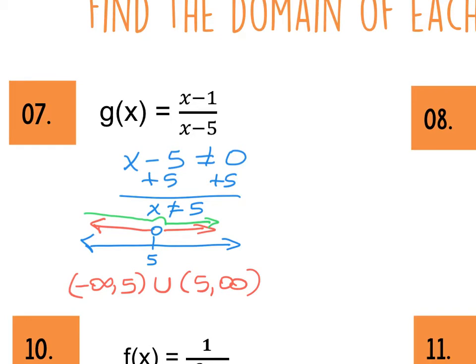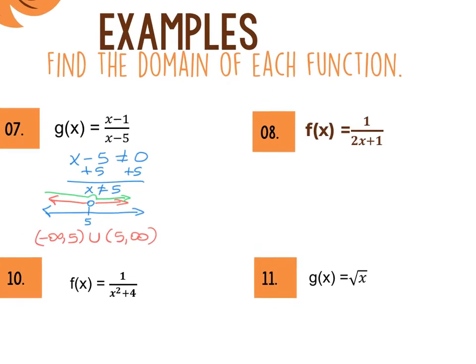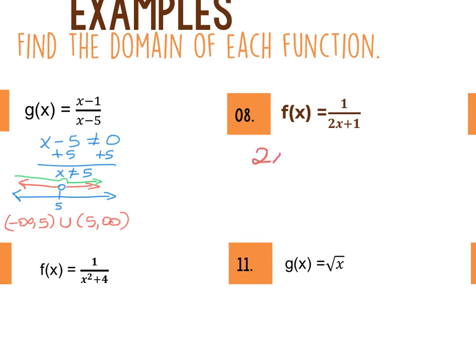Same thing on number 8. I've got a variable in the denominator, so I need to set the denominator not equal to 0. So 2x plus 1 cannot equal 0. Move the 1.